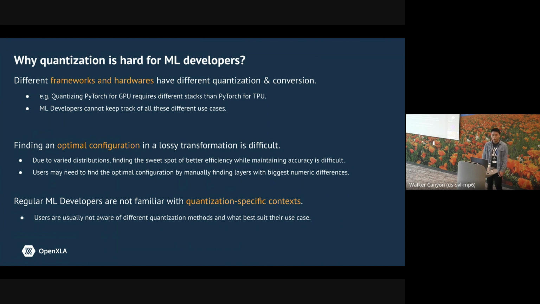For example, building a quantization solution for PyTorch on GPU and building quantization for PyTorch on TPU requires totally different tech stacks. The second is that quantization is a lossy transformation. It inevitably will decrease the accuracy of the model, and finding the optimal configuration is very hard.